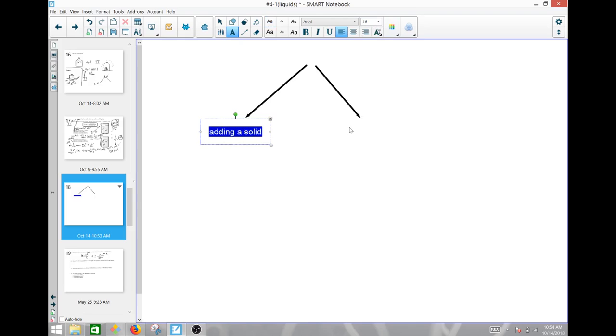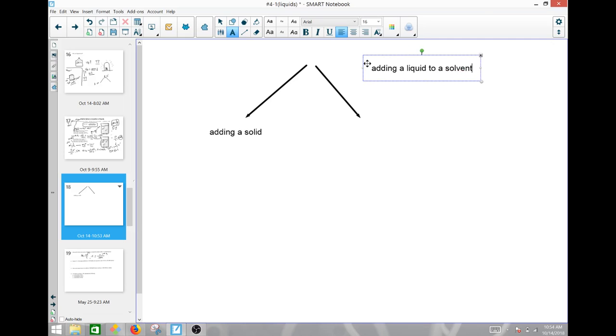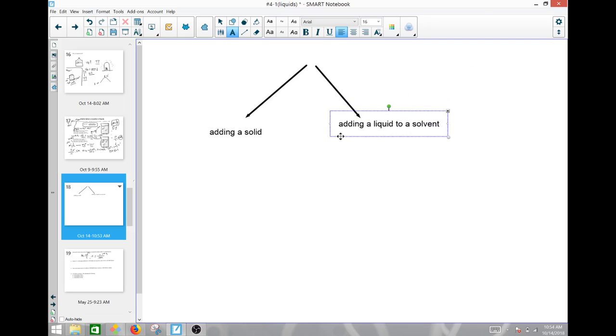And the other one would be literally adding a liquid to a solvent. In this case, another name for this second one, since we just did the first one, where we could solve that first problem, is dilution.